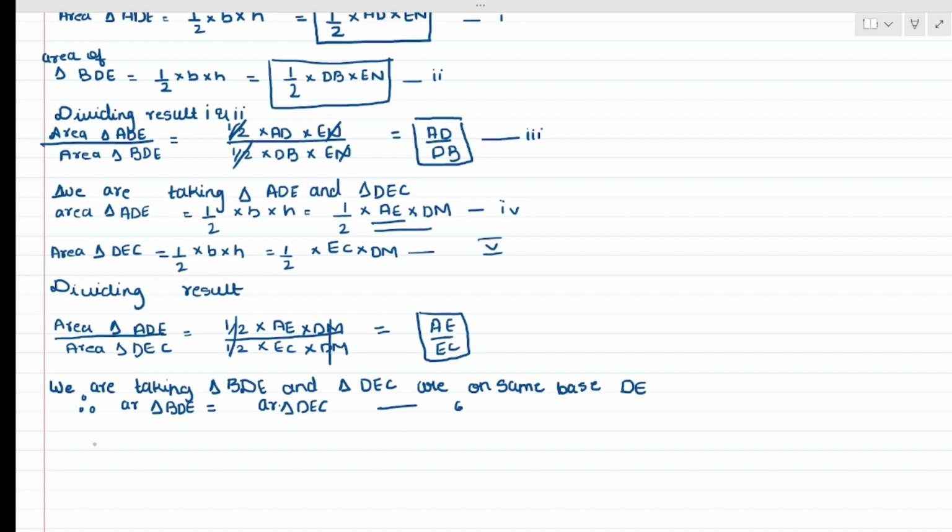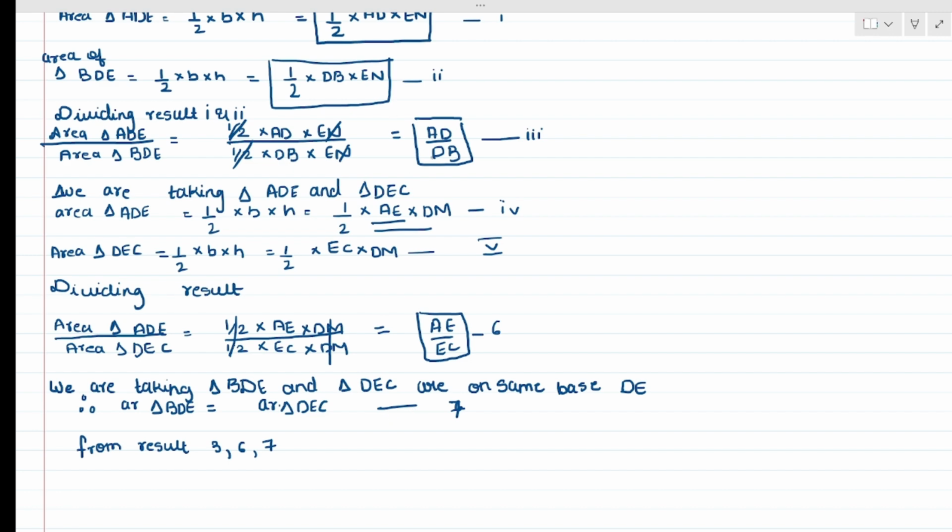So from the result 3, 6 and 7. This is our result number 7. This is our result number 6. From the results 3, 6 and 7, what do we get?